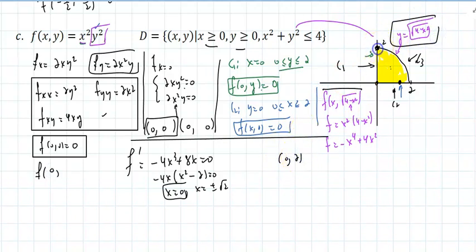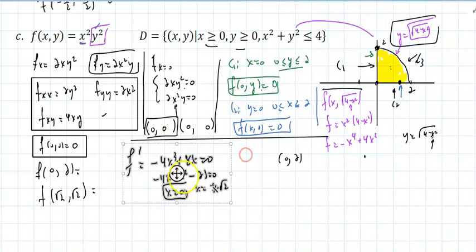I got this point. I've got to figure out what that is. If x equals radical 2, well, y equals the square root of 4 minus x squared. If I let x equal radical 2, isn't that a 2? Doesn't that mean that y will equal radical 2 as well? Need to figure that out. And if x equals negative radical 2, well, negative radical 2 is outside of the region, and I don't have to worry about it. So I have two more values to really worry about.